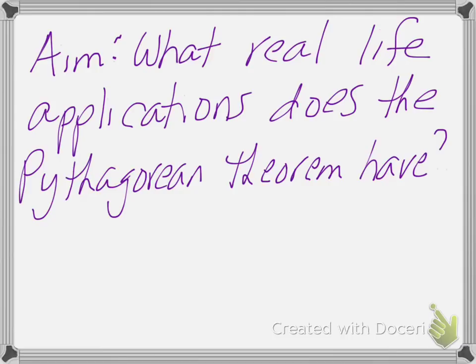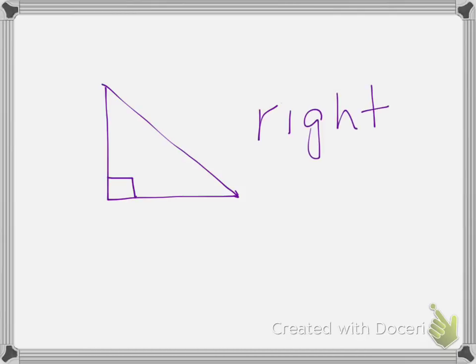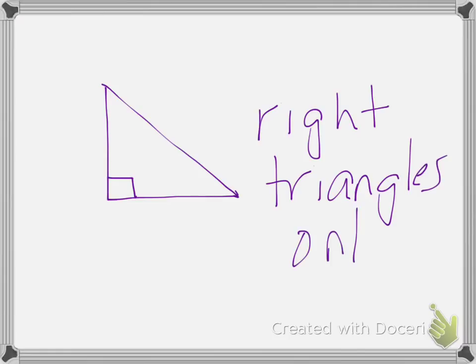Okay, so how do we know when to use the Pythagorean theorem? That's what we're going to talk about first. First of all, you can only use the Pythagorean theorem if it is a right triangle. So right triangles only, write it down. It can only be used for that.